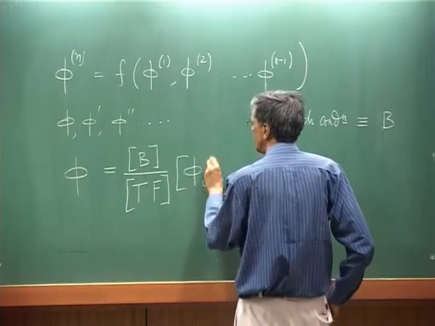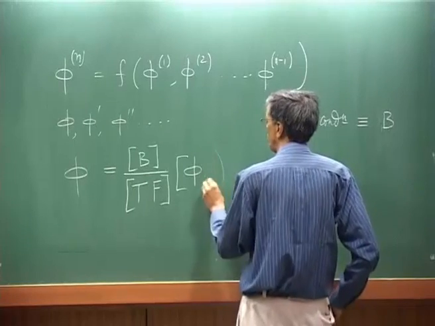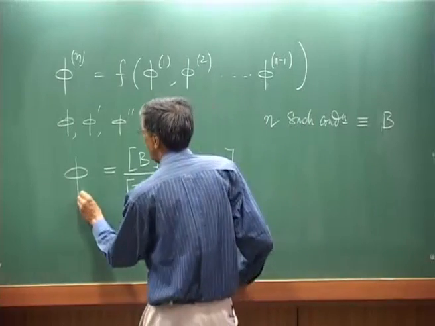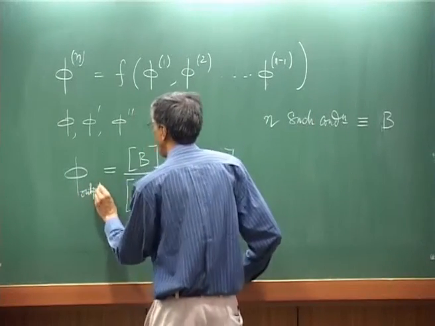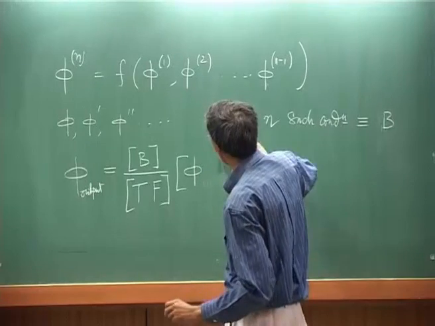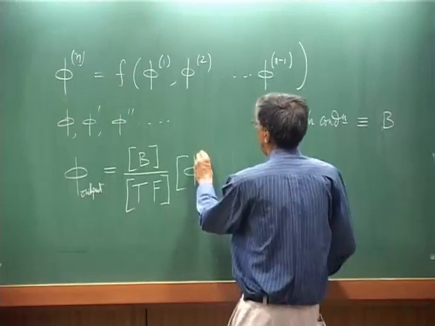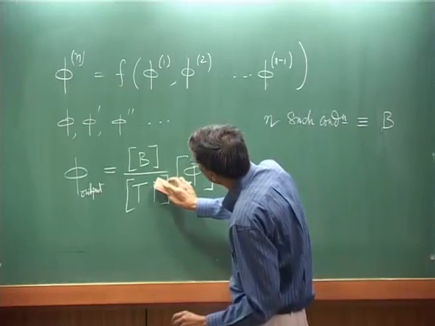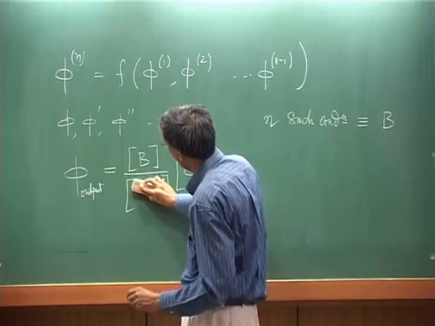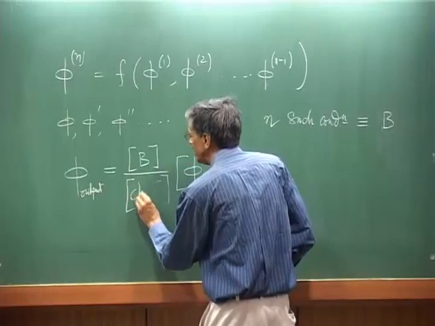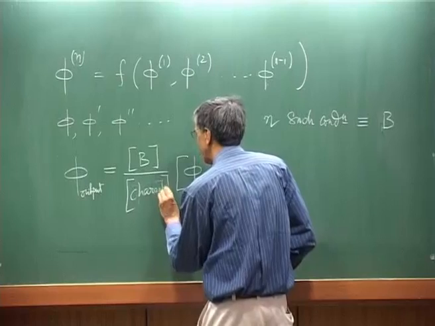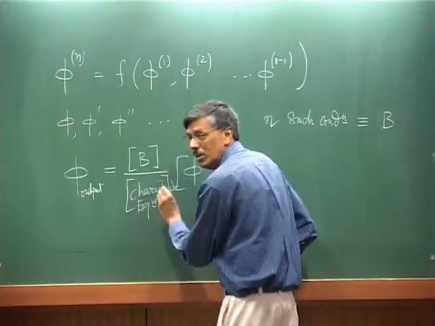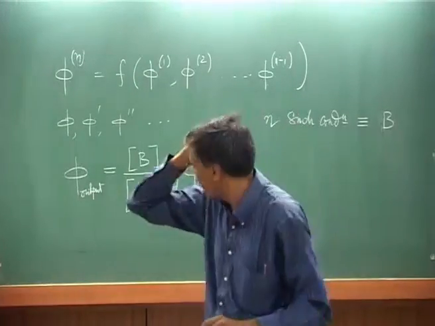So, if I call this the input, this is what we are going to get. So, phi will be some form of this kind, and this happens to be your characteristic equation or eigenvalue factor. This is what we will also call the dispersion relation shortly.